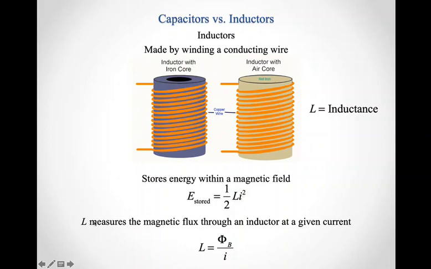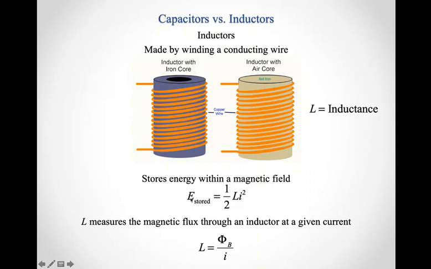When I think about what the inductance is a measure of, again, the fundamental equation for inductance I can think of as phi equals Li, and if I rearrange that in terms of the inductance L, it's telling me that it's the magnetic flux per current value.